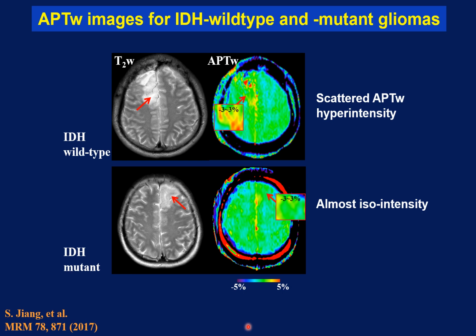So we have been studying whether APT MRI can help identify the tumor genetic markers, IDH wild type and IDH mutant. IDH wild type shows high APT signal compared to IDH mutant, which is still almost isointense on APT-weighted MR signal. So this is still an ongoing study.